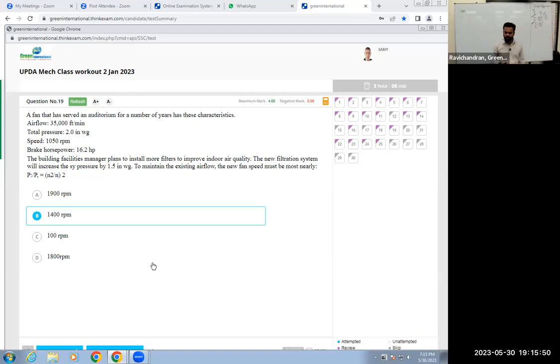Both are notated P. One is capital P and one is small p, but you cannot recognize that. This is law number 1, and this is law number 2.